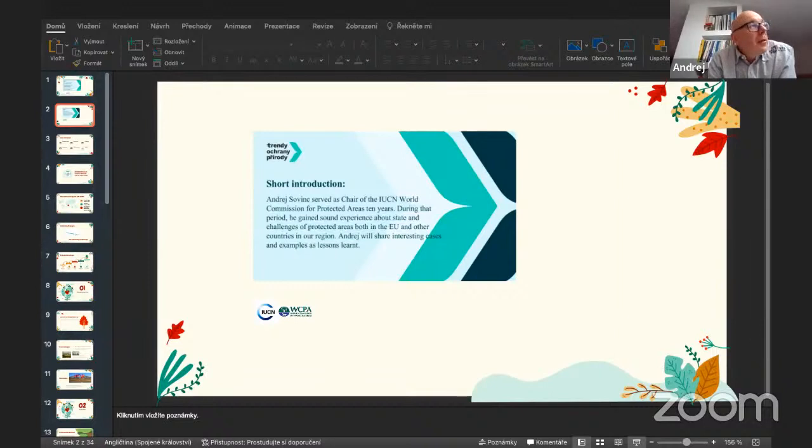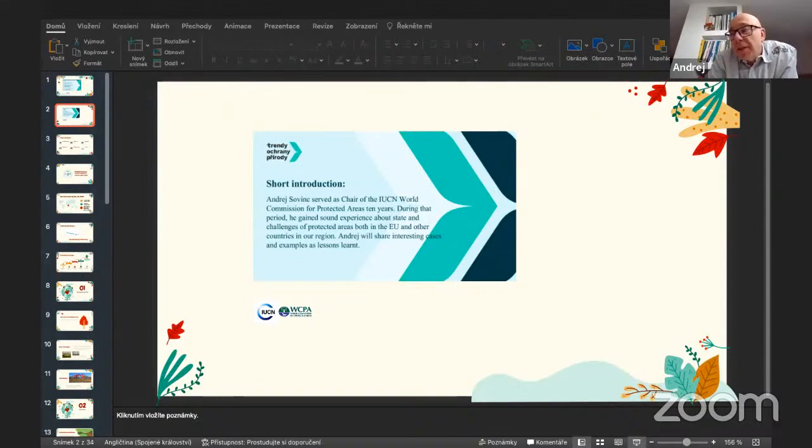I'm saying this because the IUCN World Commission on Protected Areas in Europe has around 700 members. If we asked those members how they perceive the standards for management of protected areas, I don't say that we would get 700 different responses, but probably we'd get some 500 different responses.